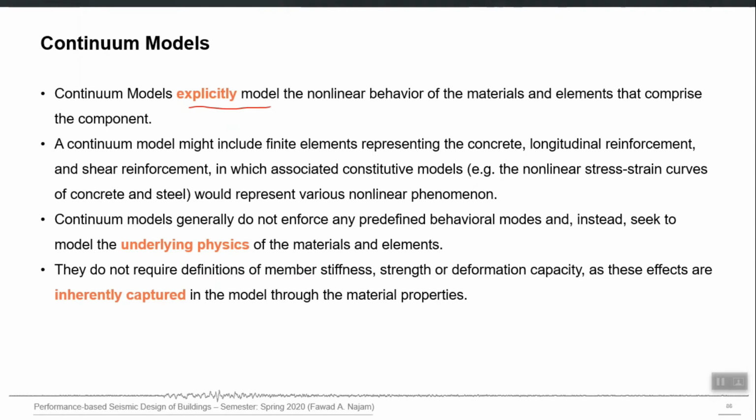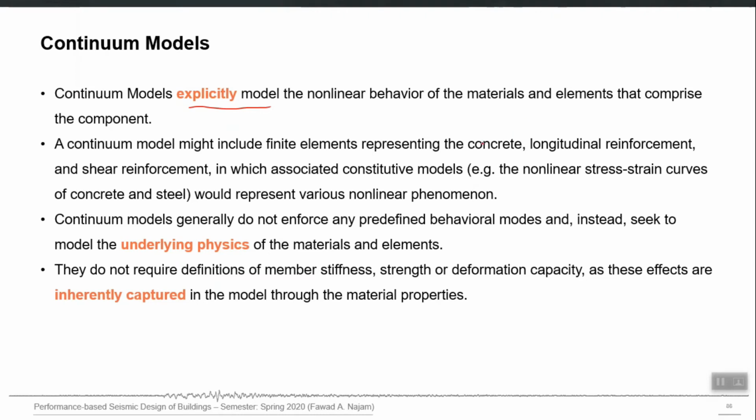So if there is a steel bar embedded in concrete, this particular model will have thousands of small elements. Some elements will be given a steel stress strain behavior, those will be representing a steel bar, and other elements will be representing concrete around that steel bar.